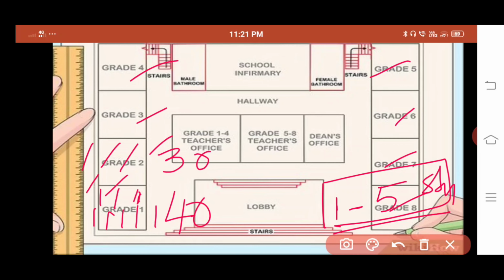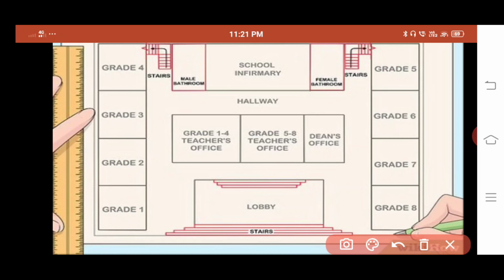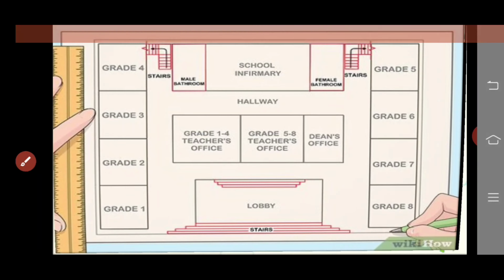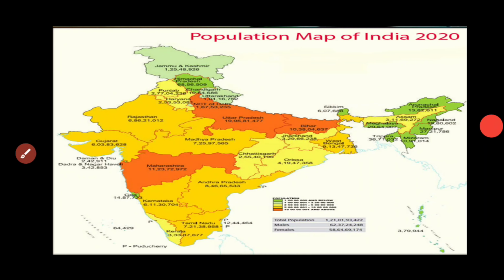So now coming to the point, my dear children, how to find out this population density in the map? Population can also be shown on a map through shading. What is that? Through shading. Here see, my dear children, I am showing you the population map of India 2020.